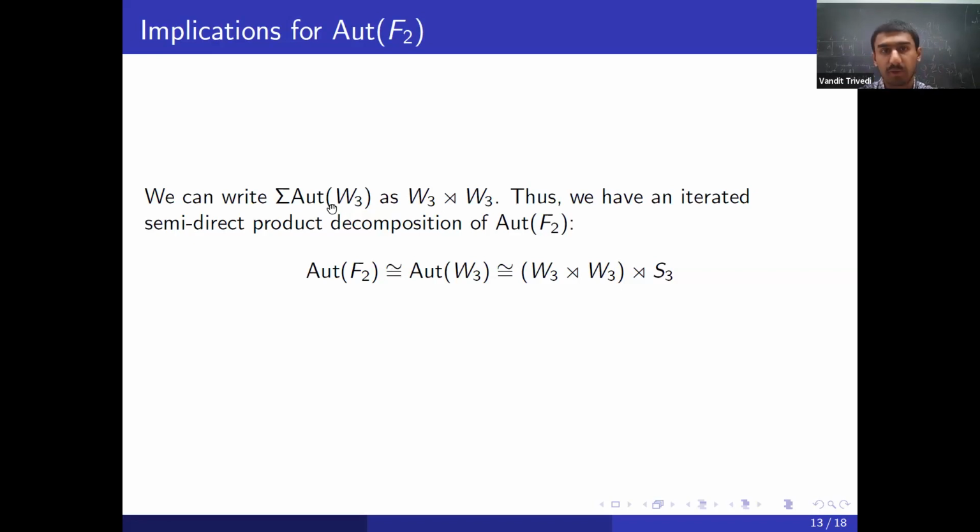And the symmetric automorphisms of W3 themselves can be decomposed as a semidirect product of the inner automorphism with W3. And so we get this alternative presentation for the automorphism group of F2. And of course, Aut F2 is linear, which means that going the other way, we get that Aut B4 and Aut W3 are also linear.